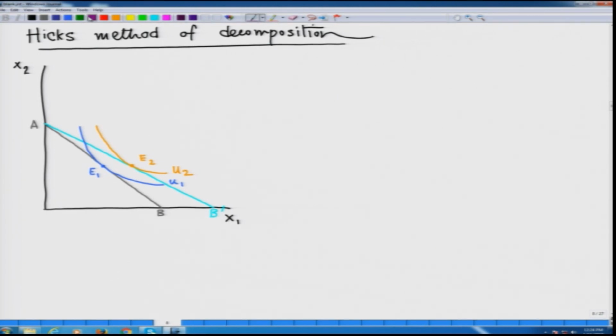As Hicks said, let us keep the utility fixed. If the consumer has started with a utility level U1, let us keep that constant as well, and then let us study what happens if there is a price fall.